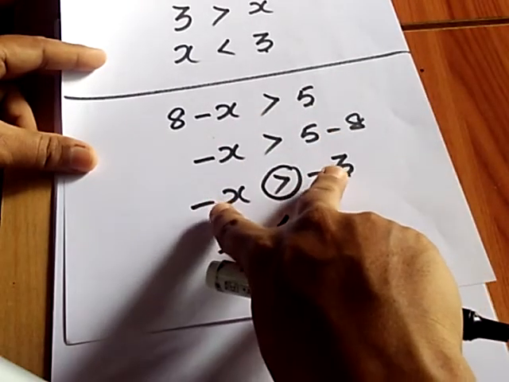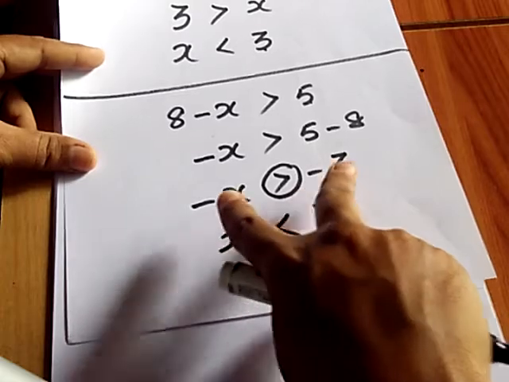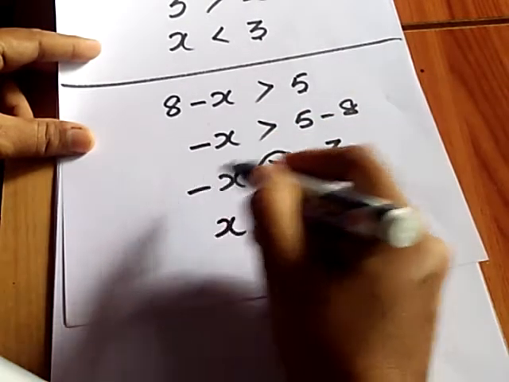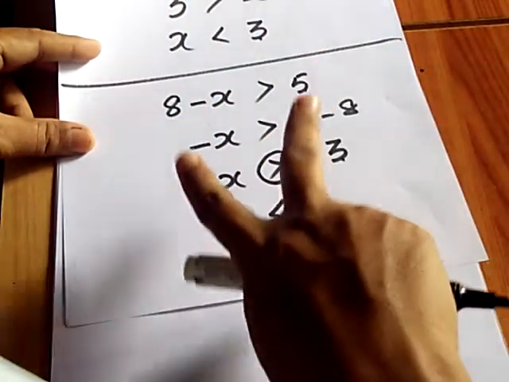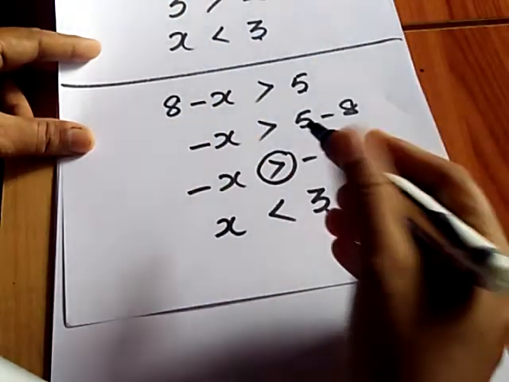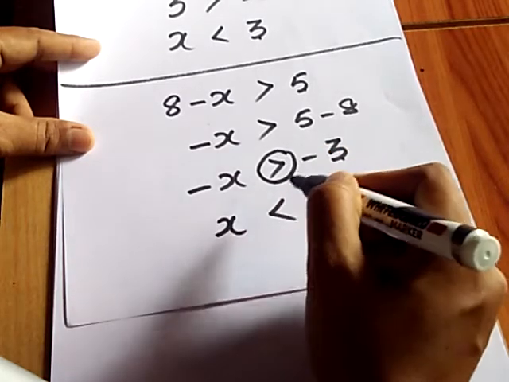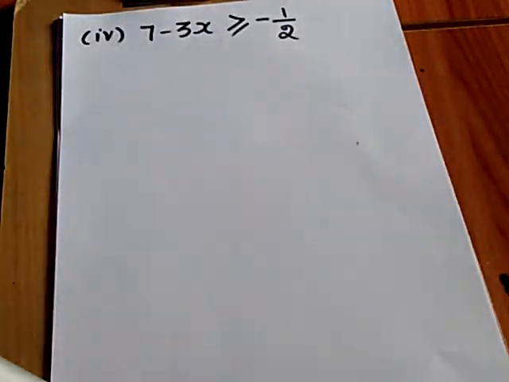And when minus x is greater than minus 3, we can write x is less than 3, because minus on both the sides, the sign of the equation changes. So hence the sign of inequation flips from greater than to less than.